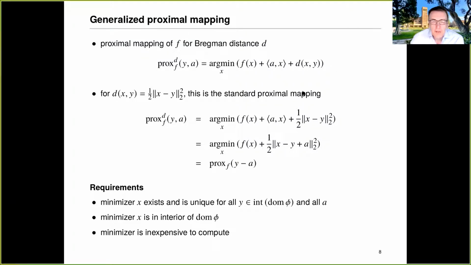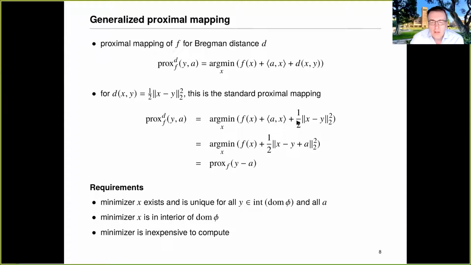And if we use the squared Euclidean distance, then you can actually combine the linear term and the point y at which you center the distance, and write it as a standard proximal operator applied to the difference between y and a.